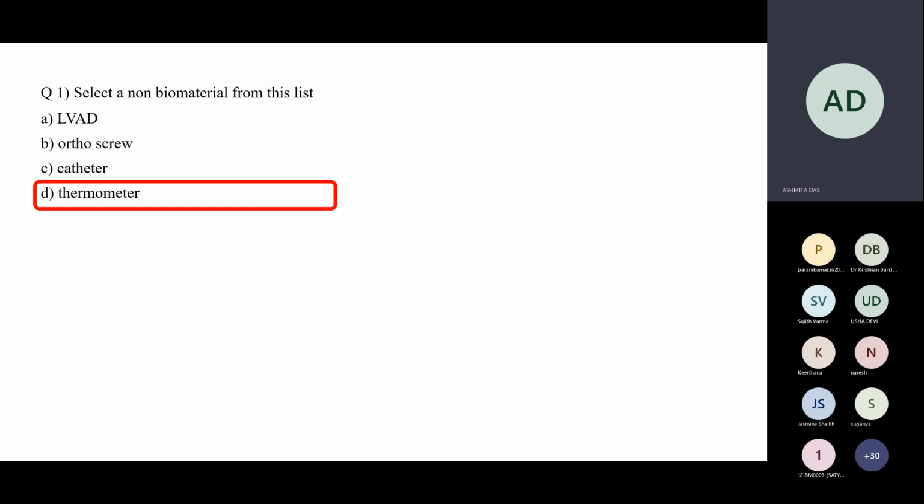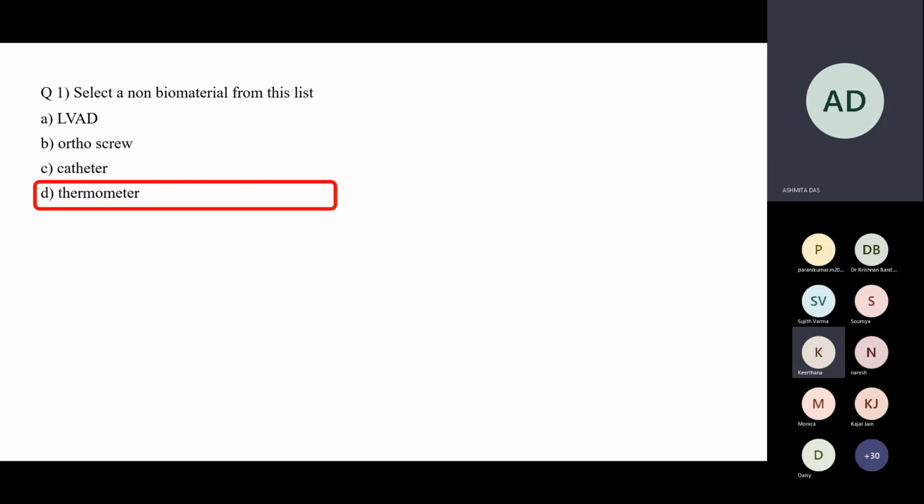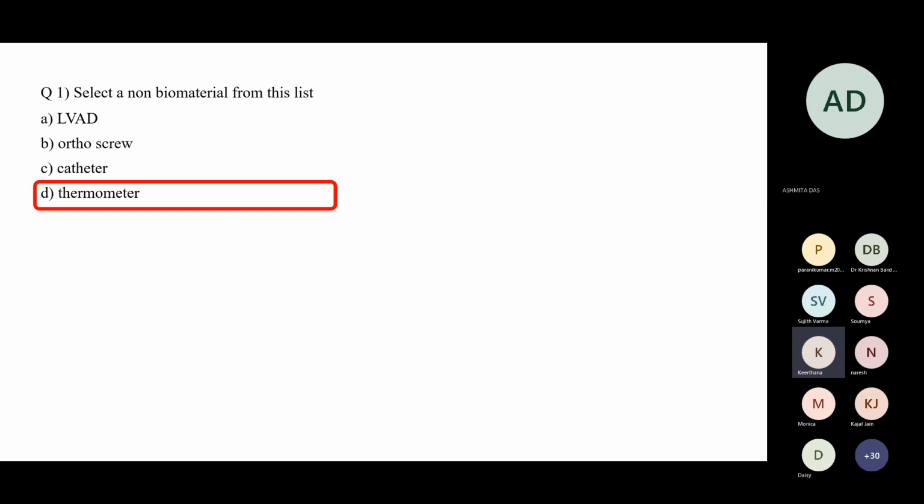Can that be considered a biomaterial or not? Yes, it can be considered. It is present inside the body, so it should be biocompatible. So it can be considered as a biomaterial.